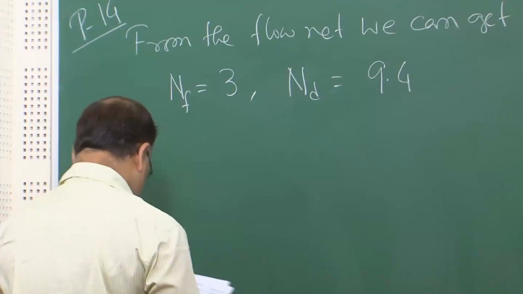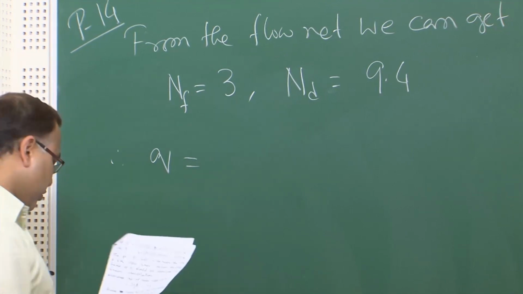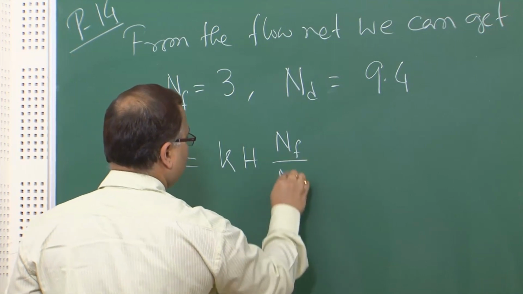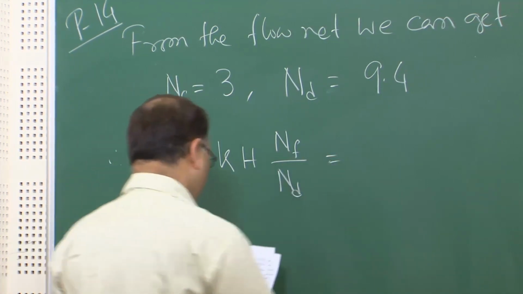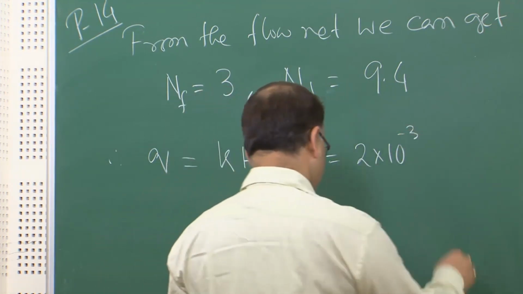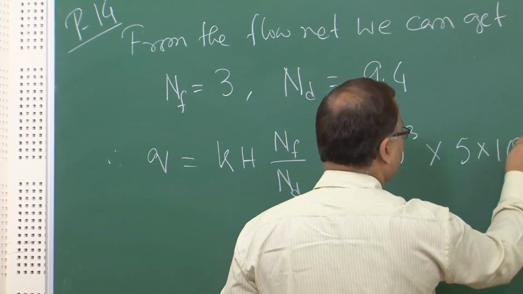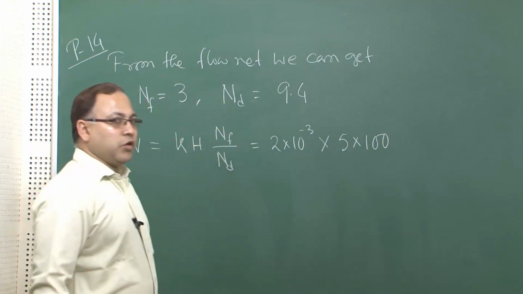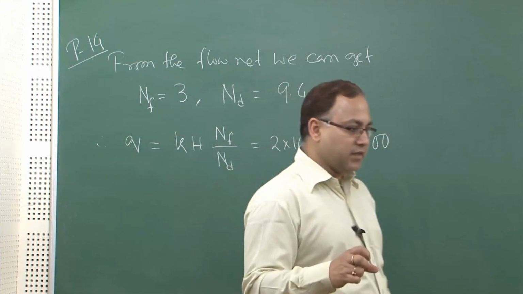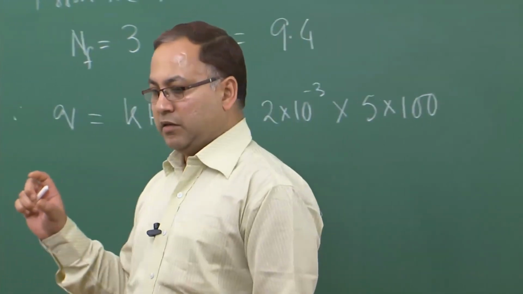So, the seepage flow should be equal to, as we know, 2 into 10 to the power minus 3 into 5 into 100 in centimeter. What is H? H is the head which is causing the seepage flow. That is 5 in the upstream side minus the level in the downstream side.